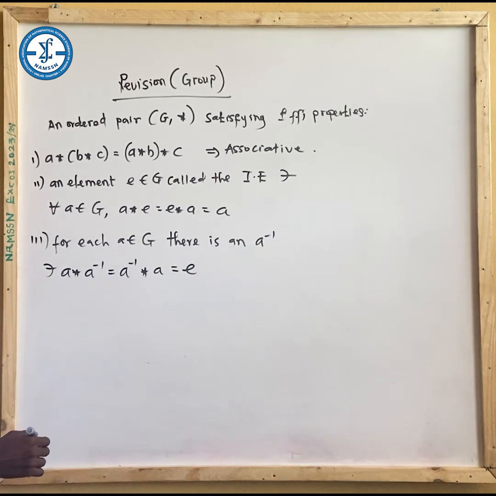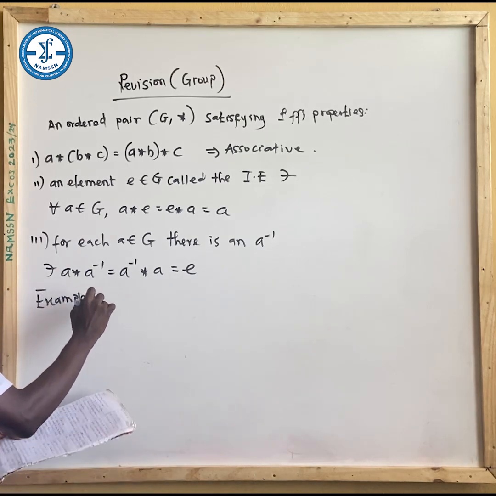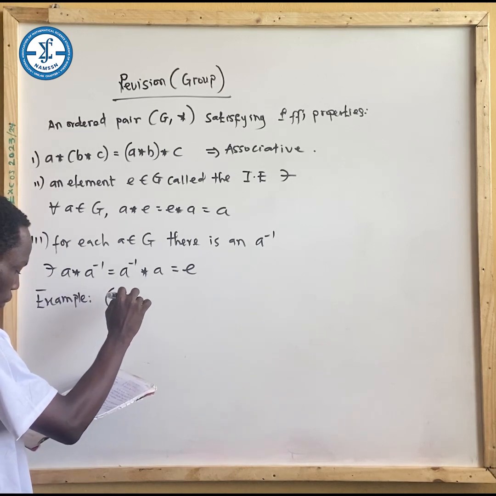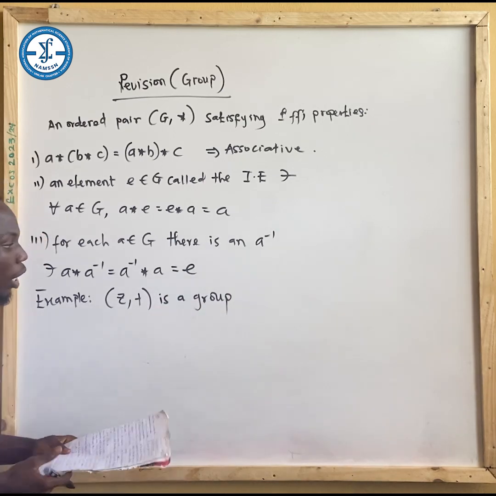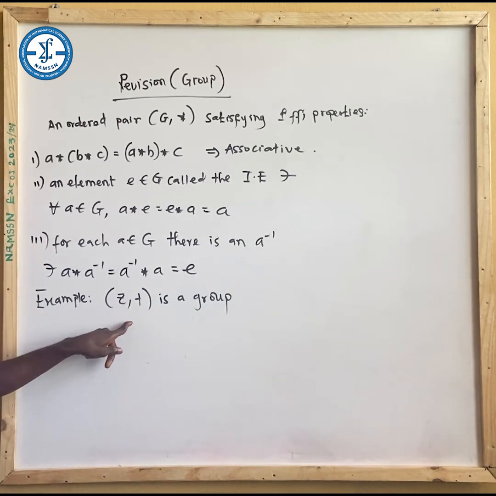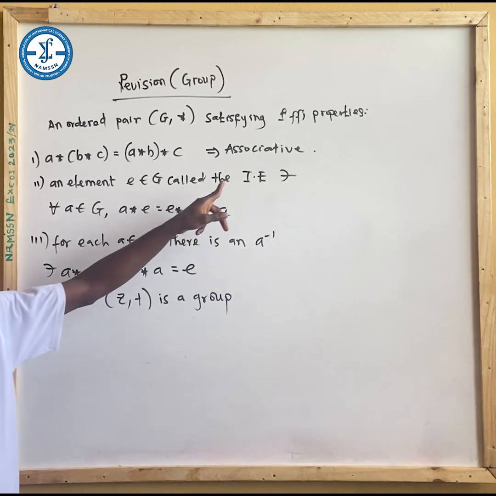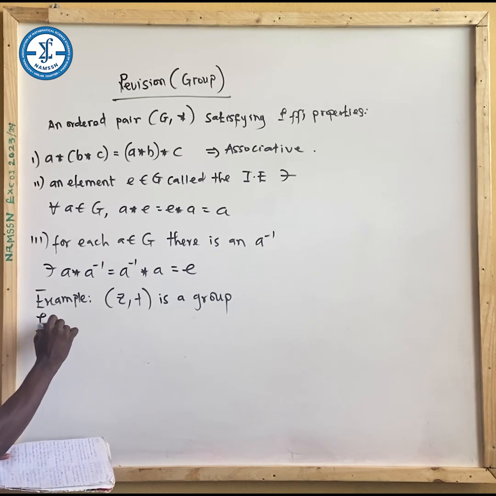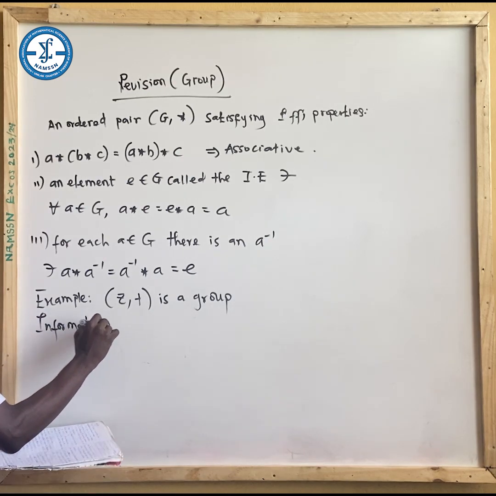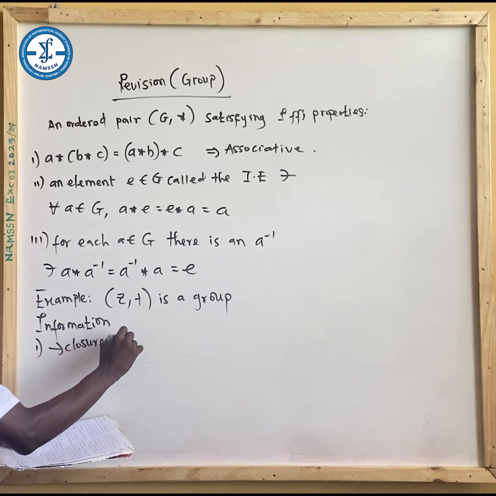So if we are asked to prove, let's take for example, that the set of positive integers is a group, we are looking to prove that the set of integers is associative, has an identity element, and also has an inverse element. So the information we are going to be needing: first one is we are going to show the closure property, that's one.